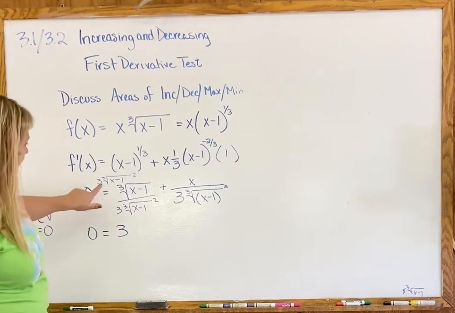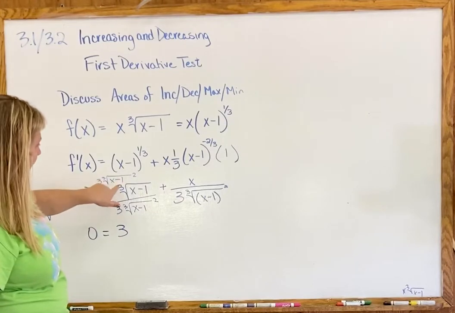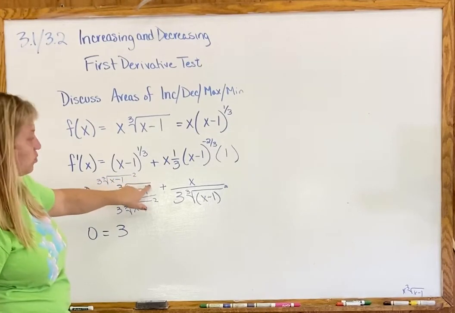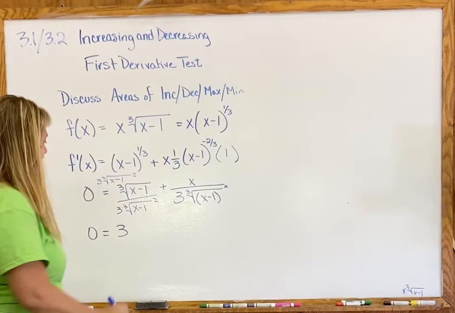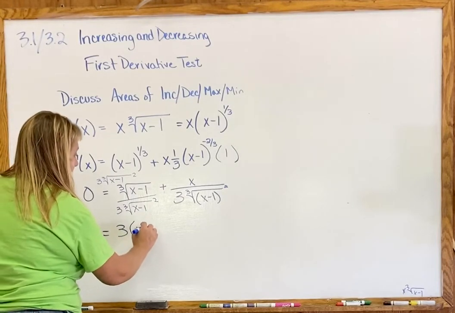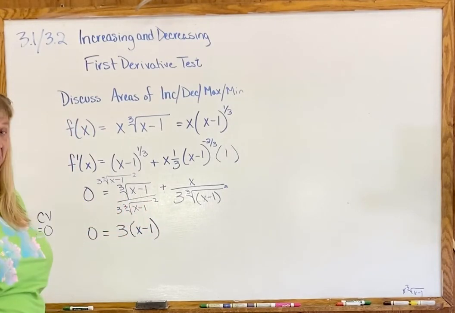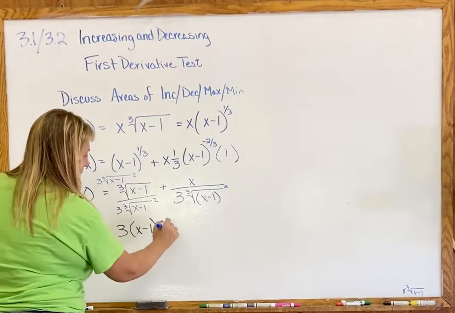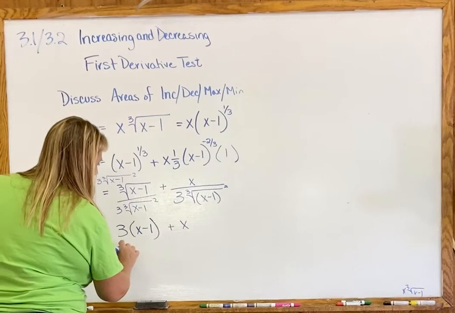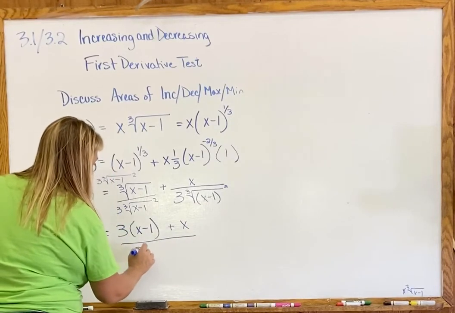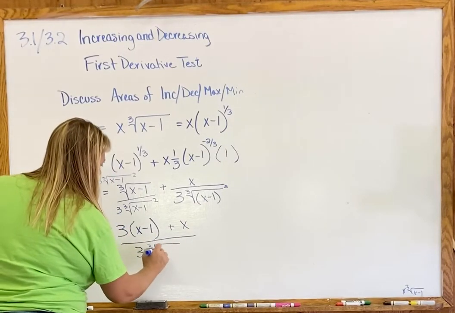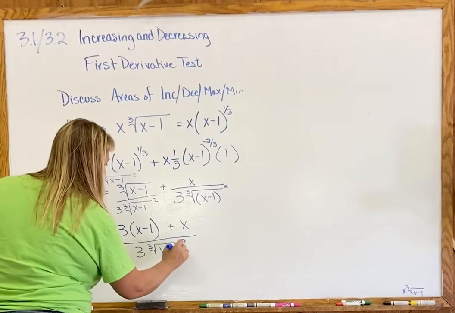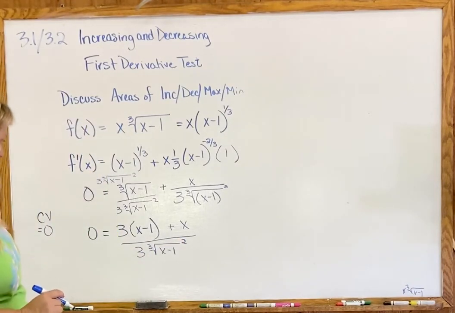What I want you to notice is that here's the cube root of this guy squared, plus 1 more of them makes 3. So this actually cancels out the cube root, which makes our life a little bit prettier. So we have 3 times x minus 1, plus x, all over 3 times the cube root of x minus 1 squared. As I said, not the prettiest thing, but we're doing it.